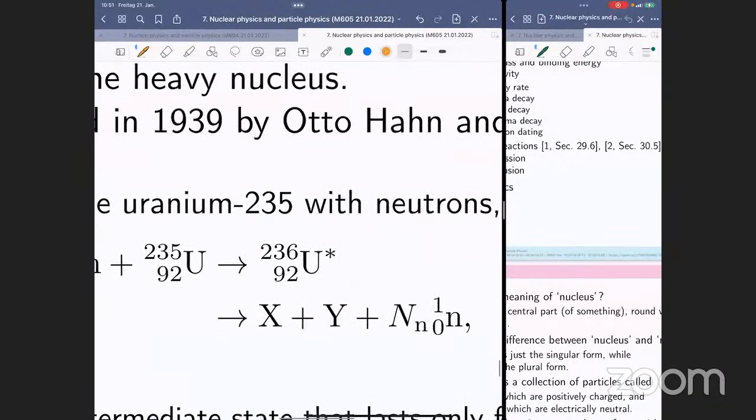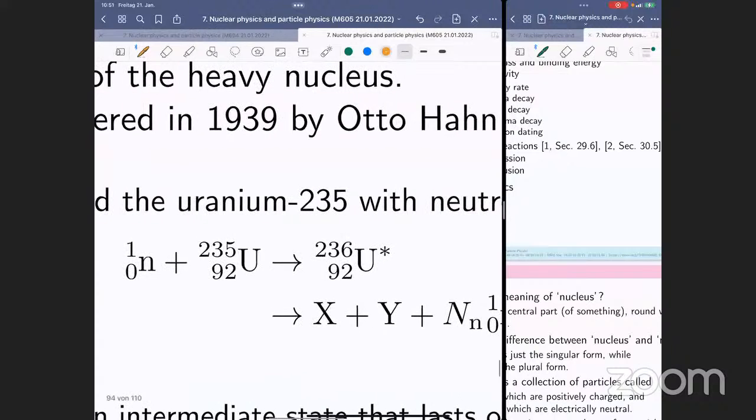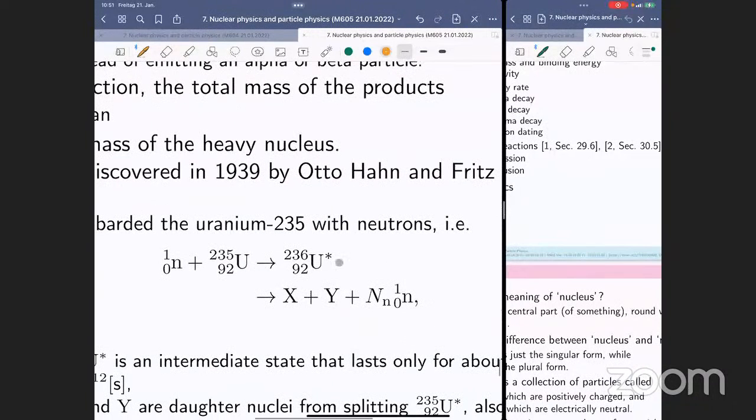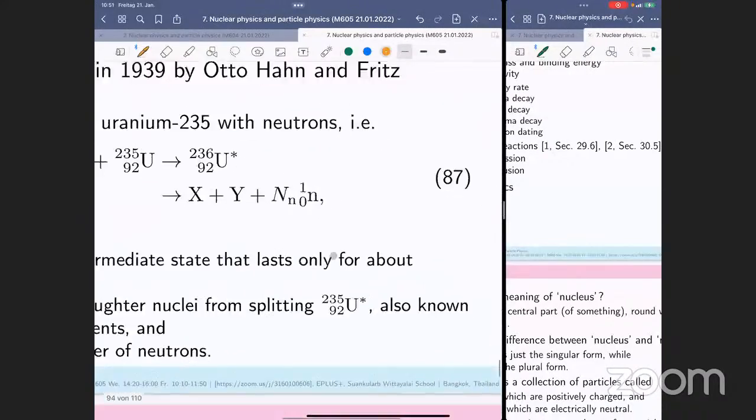What does that mean? It's in the excited state. Because the neutron has energy, the neutron is attached to the nucleus, but the whole nucleus is vibrating because it is in the excited state. But as time goes by, it's very short.